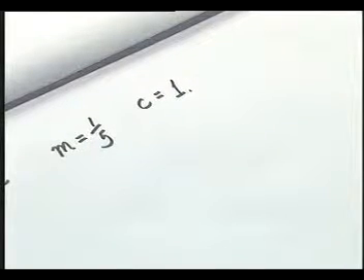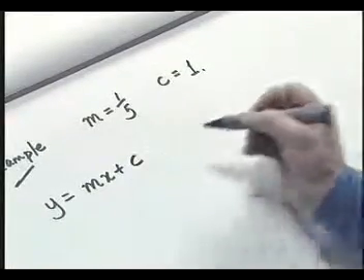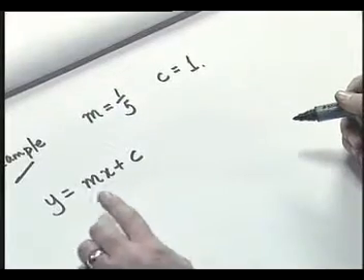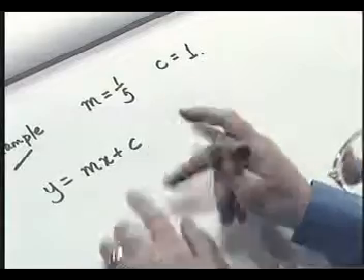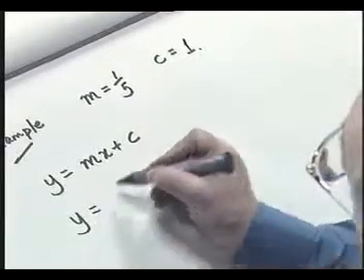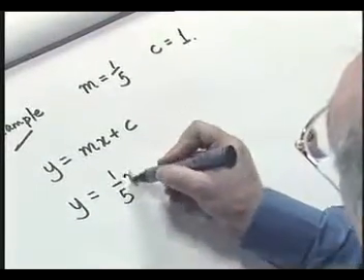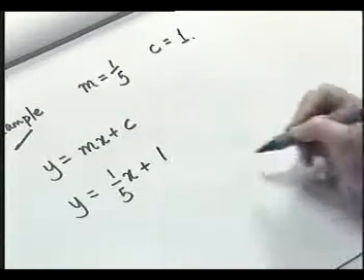Let's see if we can write down the equation. Well, we know that a straight line has equation y equals mx plus c. So we can substitute our known values in. M is going to be a fifth, c is going to be 1, so our equation is y equals a fifth of x plus 1.